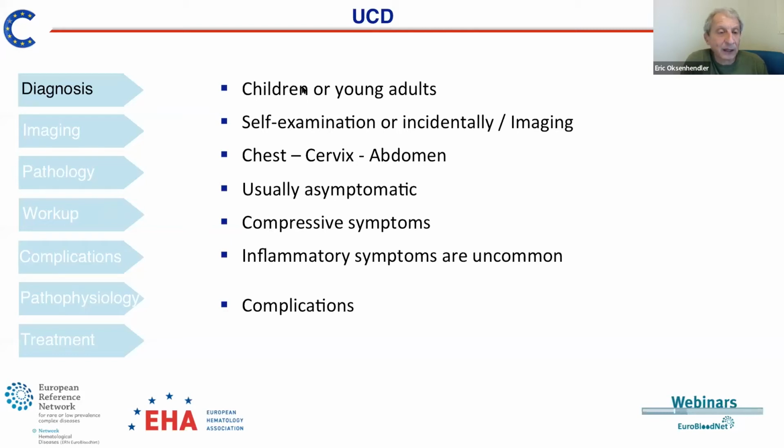Usually it affects the chest, but also the cervix, the abdomen, or peripheral areas. And most important, it's usually asymptomatic, except maybe in the very large mass that could be compressive and have associated symptoms with this compression.